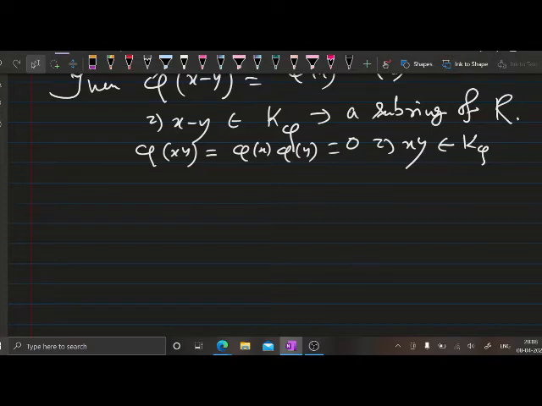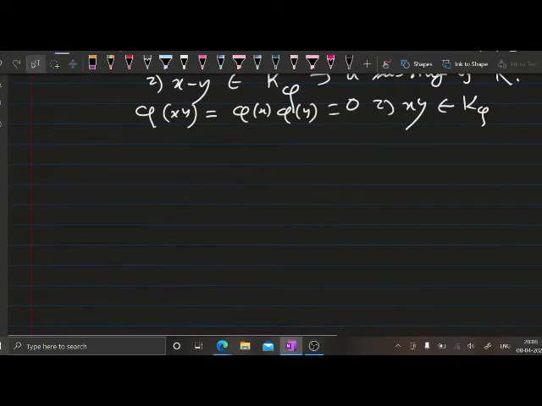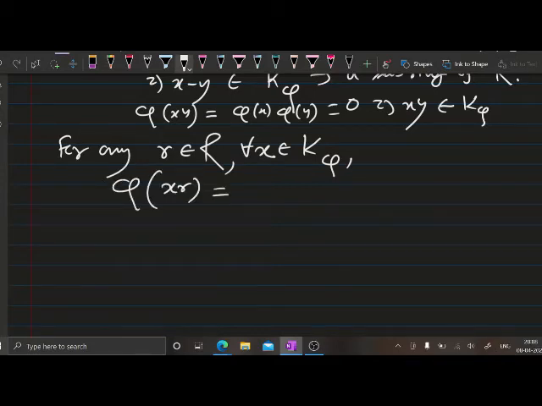But apart from these two properties, this K phi has another important property. If you take any element r from the ring, and any x belonging to K phi, you will see that phi(xr) is phi(x) phi(r). Since x is in K phi, phi(x) is 0, so 0 times phi(r) is 0.